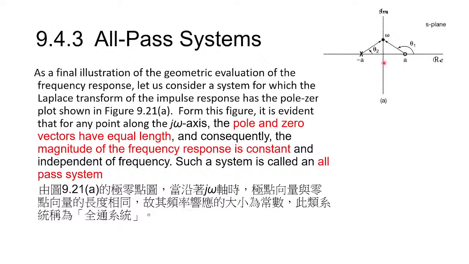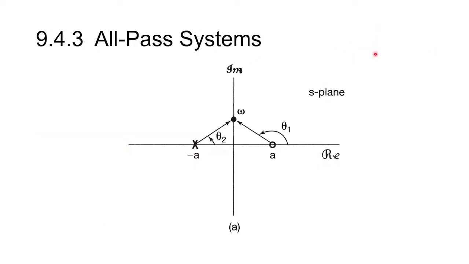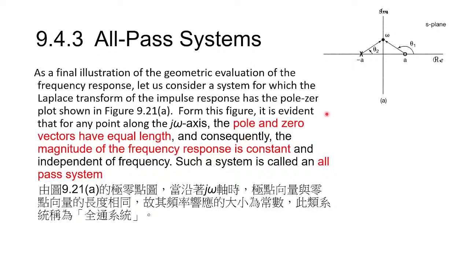when you calculate the system function, you need to have this vector dividing this vector, the complex number of this vector divided by the complex number of this vector. So you will get some angle theta, but the good thing is the magnitudes of those two vectors are the same. So no matter what omega you pick, the magnitude of the system function is always going to be 1 because it's left-right symmetric.